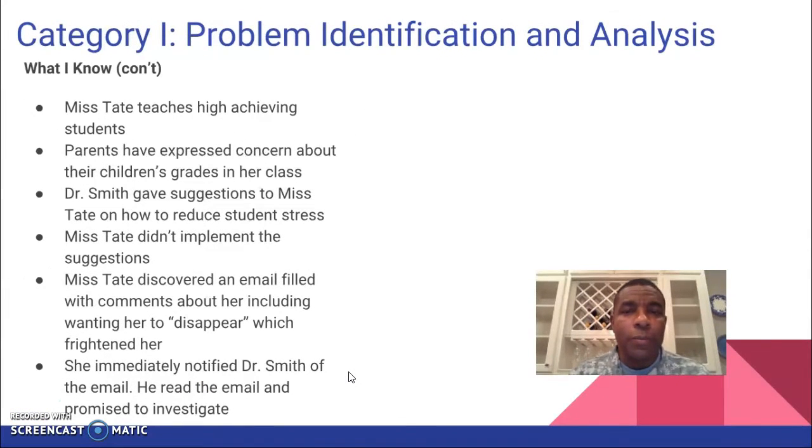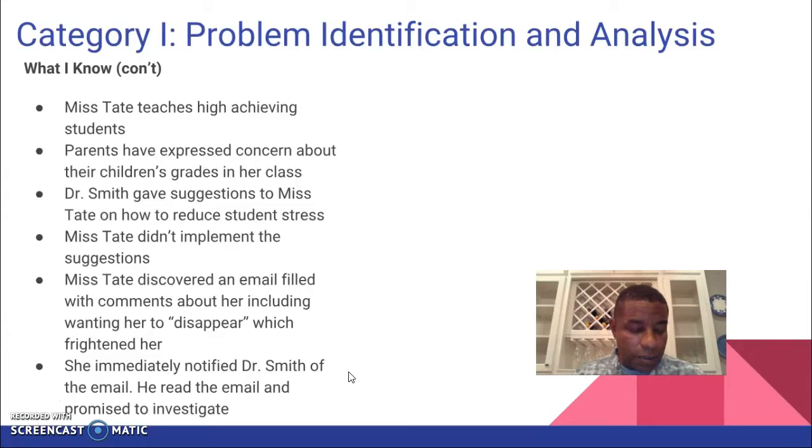Category 1, Problem Identification and Analysis. What I know continues. There was an email posted that discussed Ms. Tate negatively. She saw the email and immediately contacted Dr. Smith.